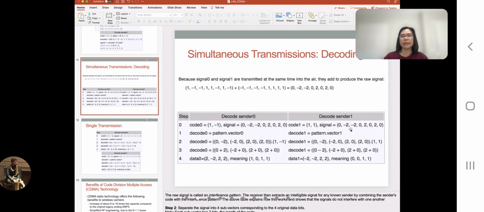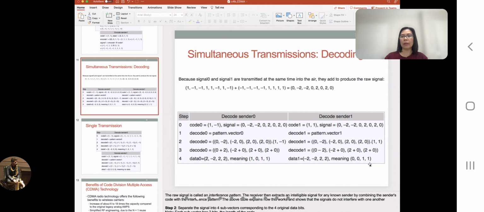Now if we repeat the same process with sender 1, you can see that the data the receiver gets for sender 1 is -2, -2, 2, and 2. This converts to 0, 0, 1, 1.